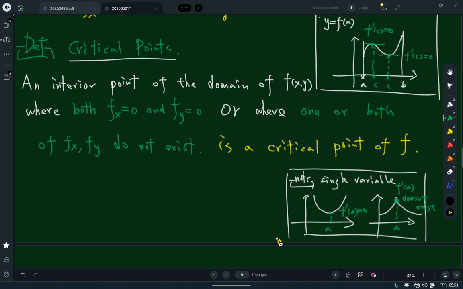But for this case, it's horizontal. So at that time, we also defined this as the critical point for single variable, right?